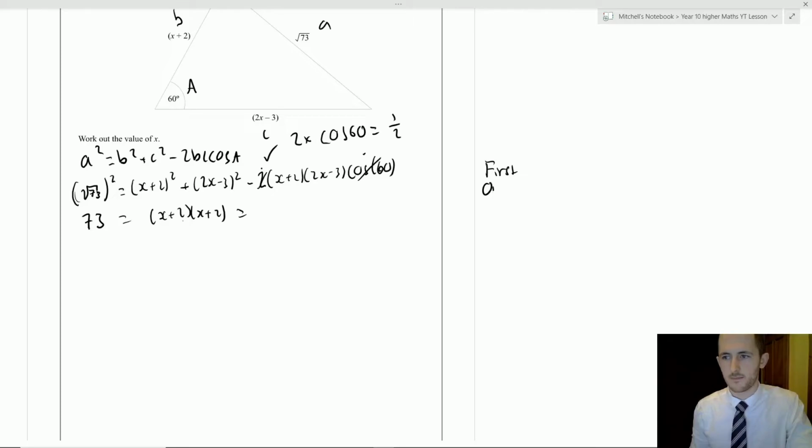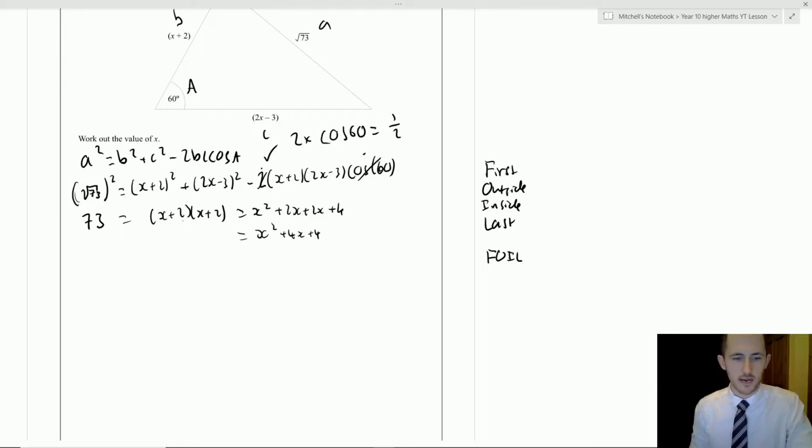First, outside, inside, last. If you look at the first letters, it spells out the word FOIL, yeah? Good. So x times x gives me x squared. The outside terms are 2x plus 2x, plus 4. Outside, inside, last. So we have x squared plus 4x plus 4.